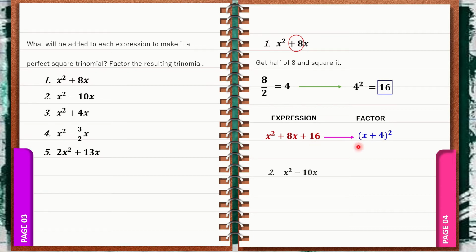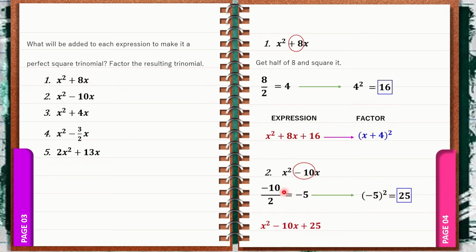Next, example number 2. x squared minus 10x. Again, we get half of negative 10, which divided by 2 is equal to negative 5. Then square negative 5, and we obtain positive 25. Positive 25 will be added to our expression x squared minus 10x.